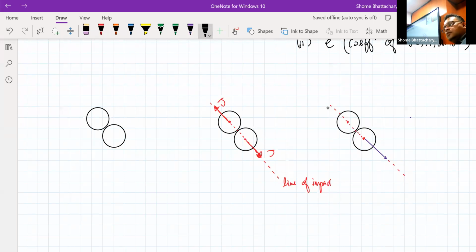Whereas this one will go off with some velocity, say V1, which is at an angle of 30 degrees. This is VB at some unknown angle. As of now, that is okay. Remember, their masses are the same. So J is equal to the impulse on B because of A. That is only equal to M into VB.